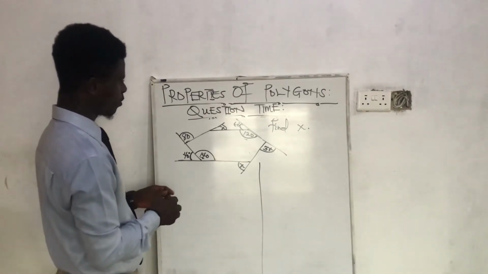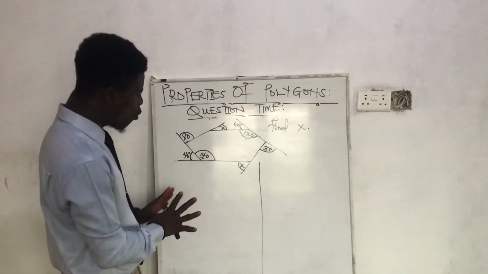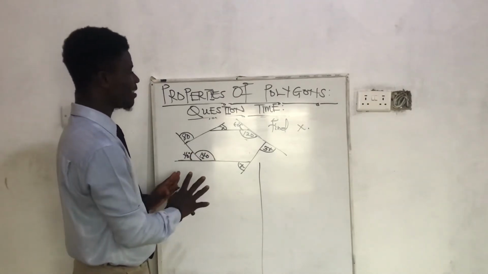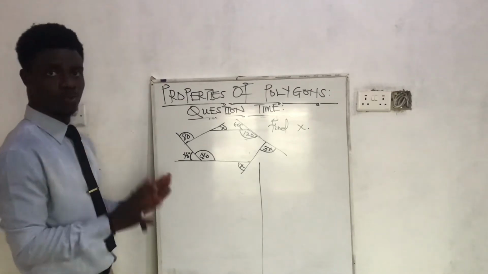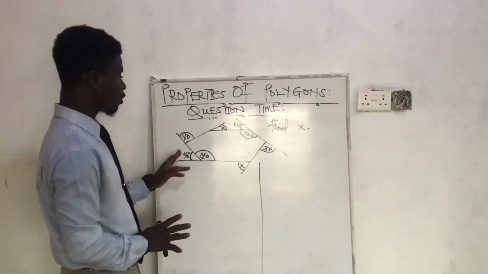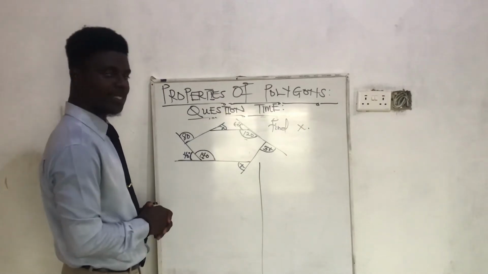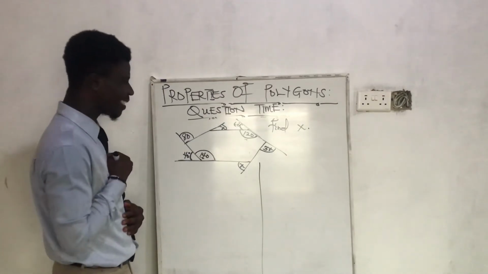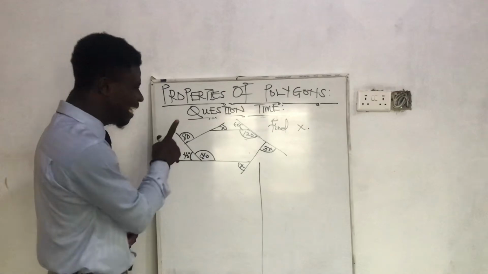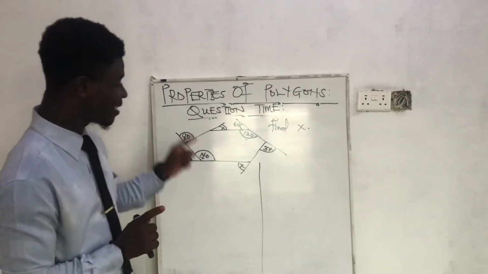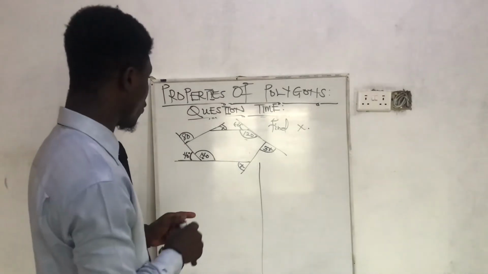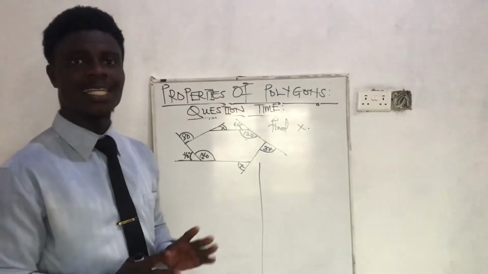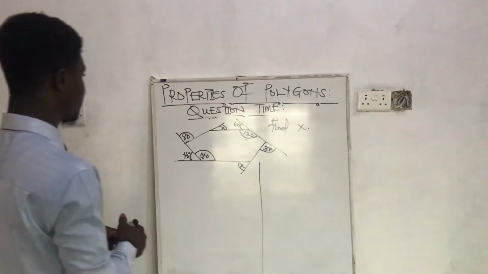So now we know the remaining angles, which is 40, then 60. The question didn't give us 60 then 40, so you are the one to find 60 degrees and 40 degrees.